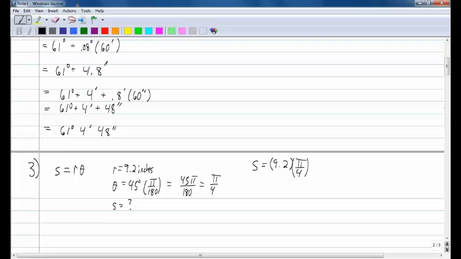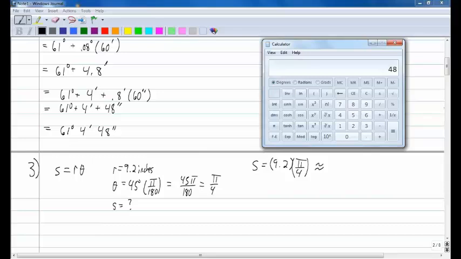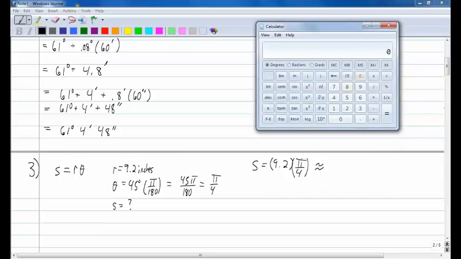So the arc length, we can get an approximation. That's what the directions call for. When you plug pi into the calculator, if you don't have a pi button, I suggest 3.14159. That way you carried it out a couple extra places. This calculator has a pi button, the Windows calculator does. So 9.2 times pi divided by 4.